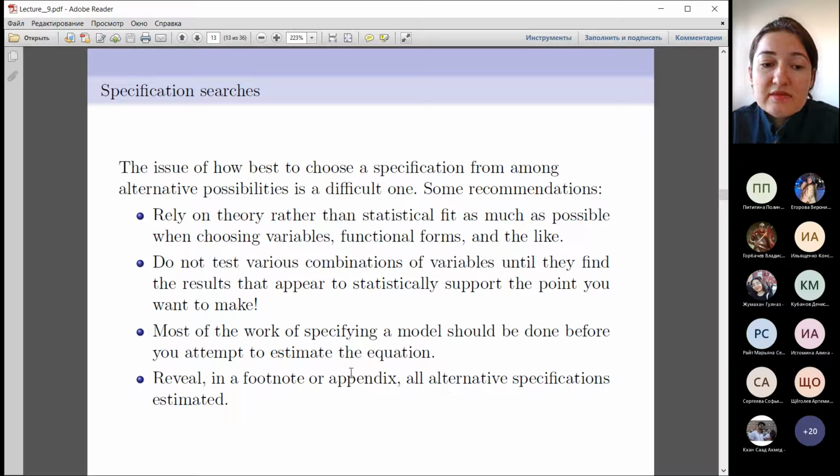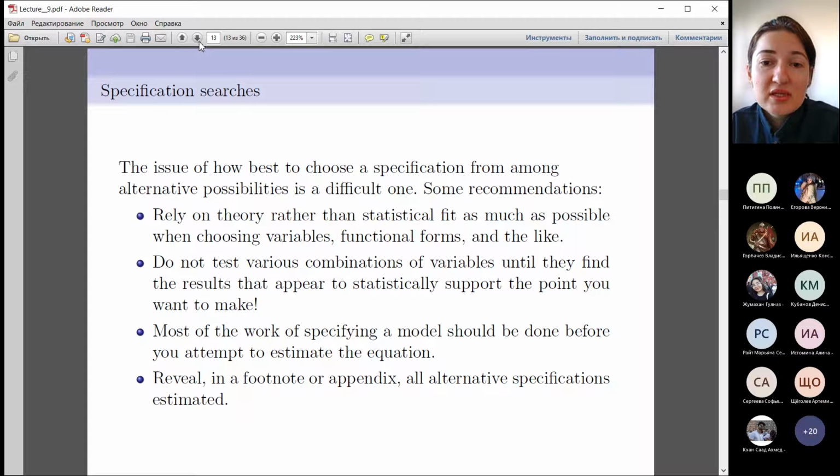So this is very good when you run sensitivity analysis. In this case, you can add all the additional models with all their sensitivity results in a footnote, or it's better to include them in the appendix as alternative specifications. And this will be a real good proof that your result is really reliable.